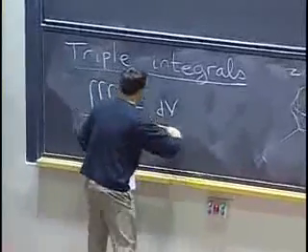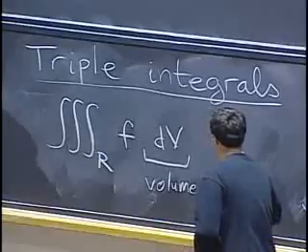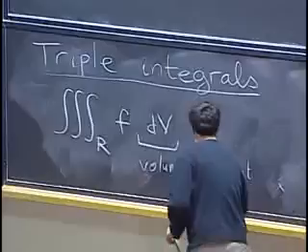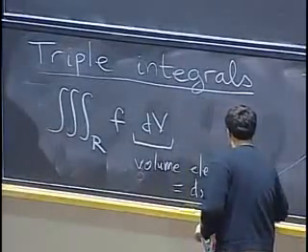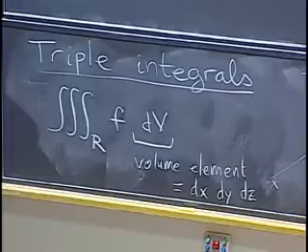And so this volume element here, well, for example, if you're doing the integral in rectangular coordinates, that will become dx, dy, dz, or any permutation of that, because of course we have lots of possible orders of integration to choose from.